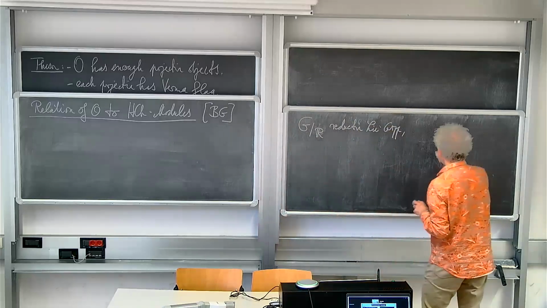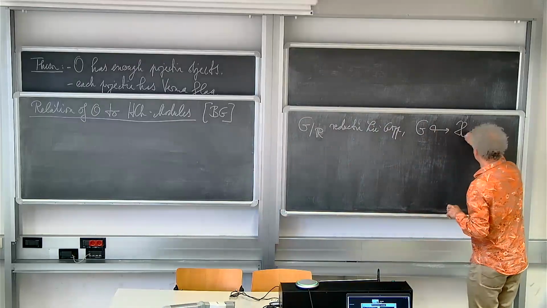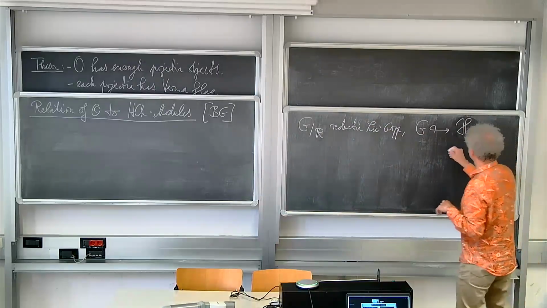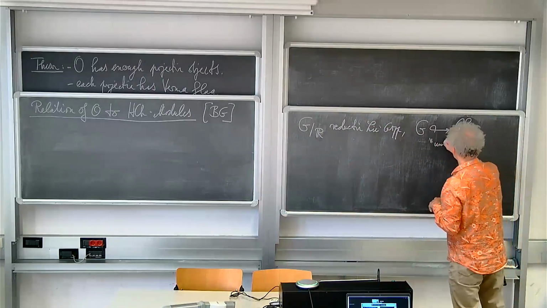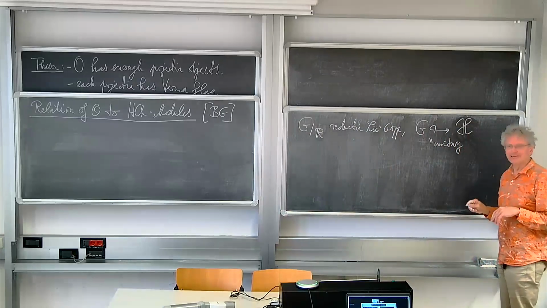G acts on a Hilbert space by a unitary representation. Let's take a unitary irreducible one.